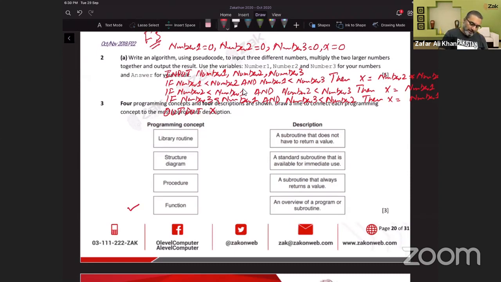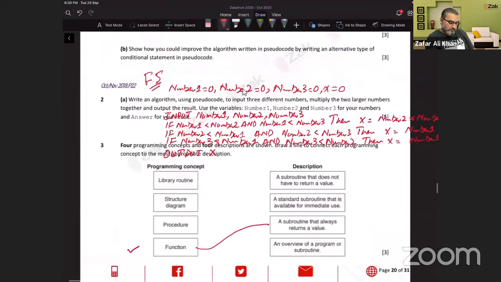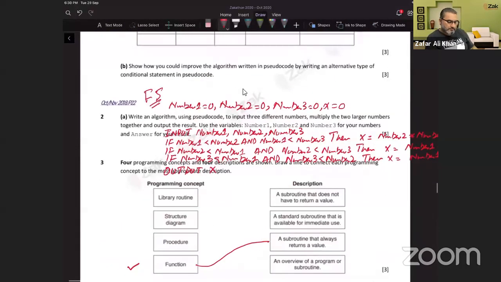So a subroutine that does not have to, sorry, this is wrong. A subroutine that is available for immediate use, a subroutine that always returns a value. Okay.